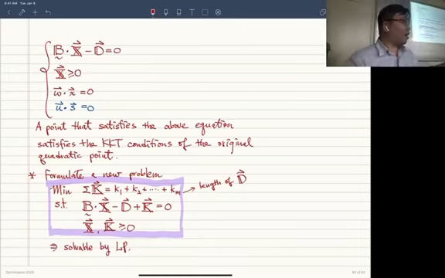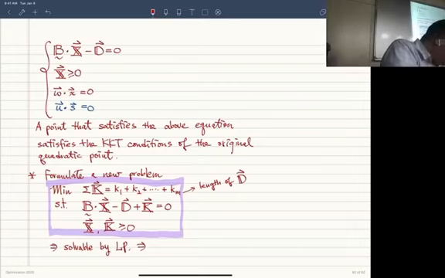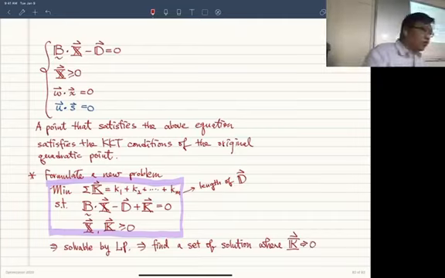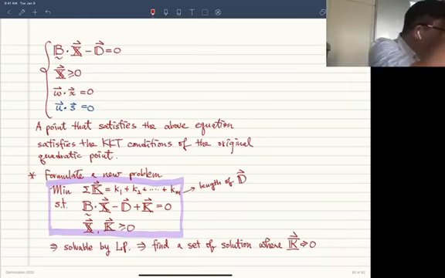So we will try to find a set of solutions where k becomes 0. So that basically is the optimal. Okay? So when k equals 0, what does that mean?